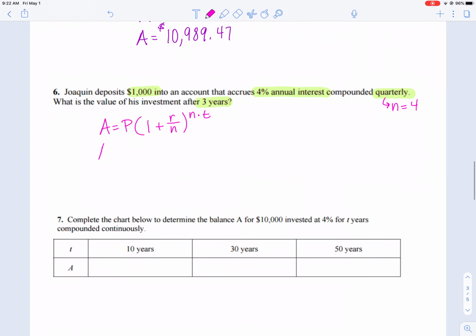So here, you're going to do your principal, $1,000, 1 plus your rate. Remember, 4% is 0.04, divided by your number of compounds, 4, to the number of compounds times your time, 3 years.